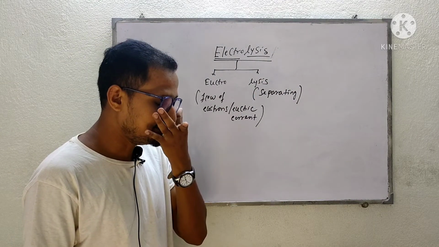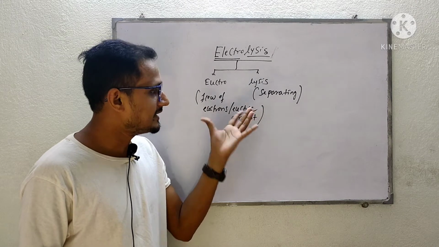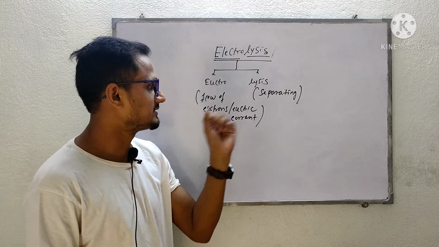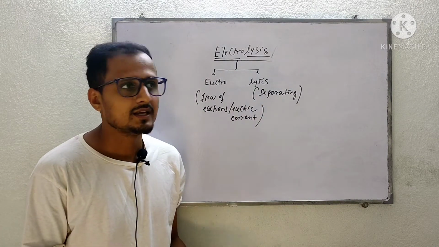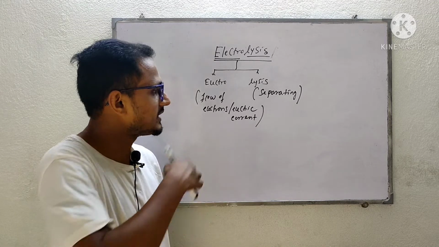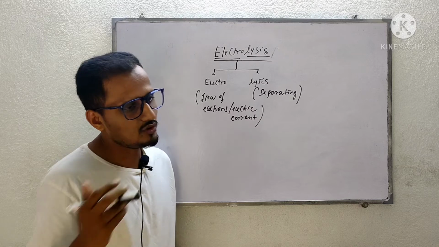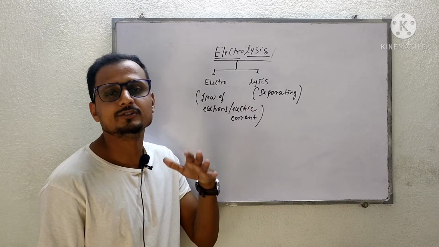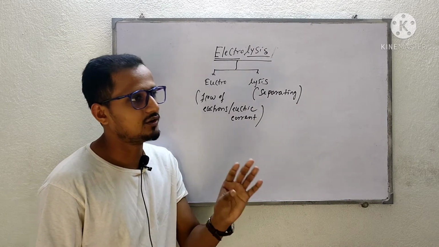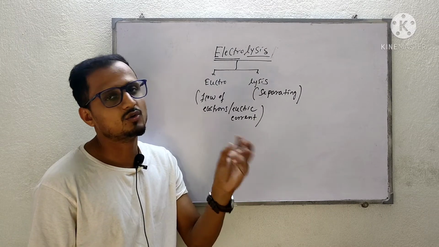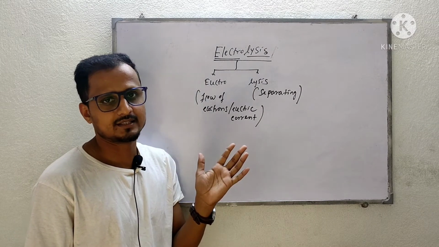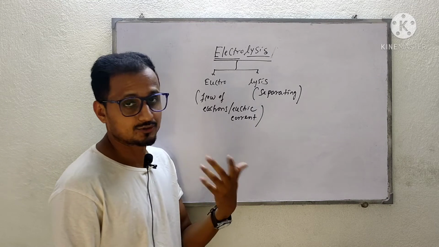Now you can think that here there is an electric current and some separation. Where does the idea come from? We know about metals: iron, nickel, silver, gold are all metals, and copper is also a metal.